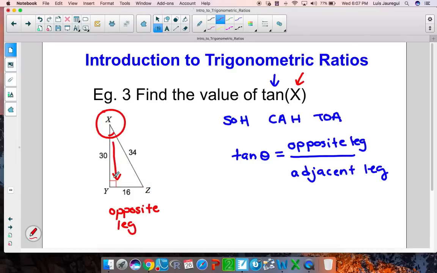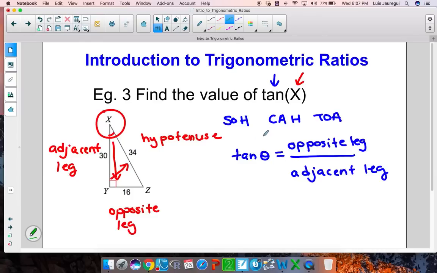Now, always the side across from your 90-degree angle is your hypotenuse, which also happens to be your longest side in a right triangle. And then here, the remaining side is what we refer to as the adjacent leg. So notice, it's very critical that we label the parts here based on the angle of interest.